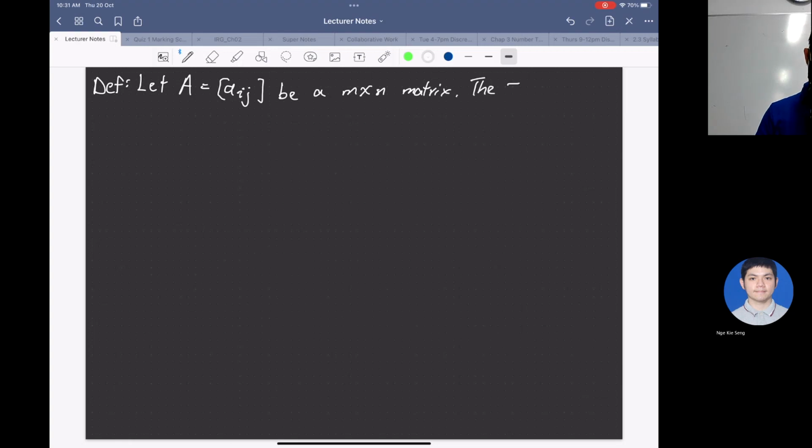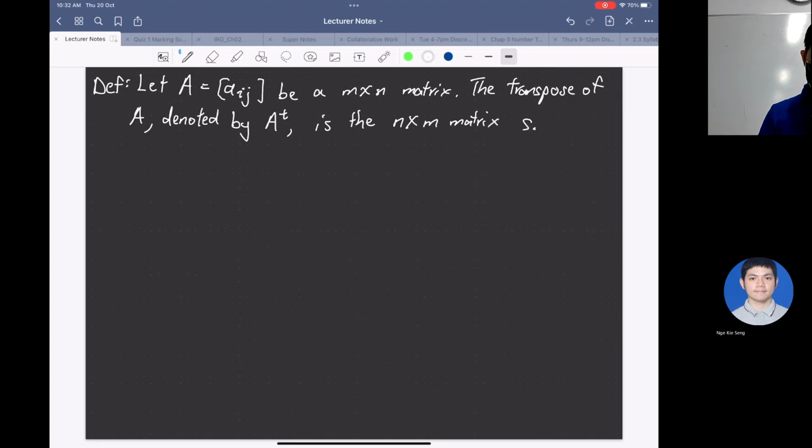The transpose of A, usually we write A^T, A to the power T, is the n by n matrix where you swap the columns and rows, such that the (i, j) entry of A^T equals A_ji.